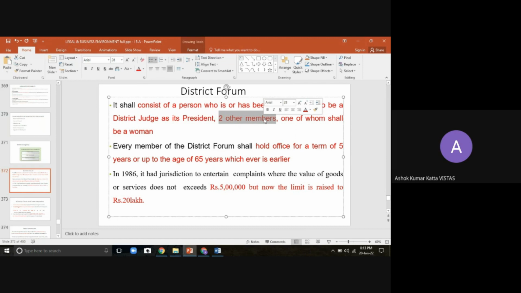If you are facing any kind of losses, you are permitted to go to the district level forum.